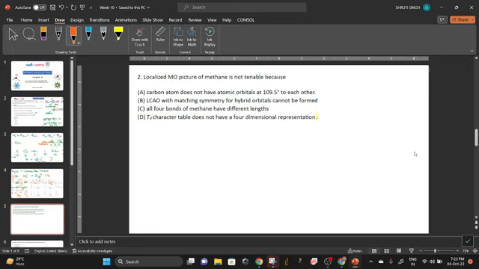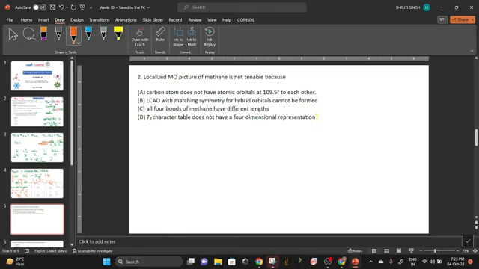It is asking why we cannot use the localized MO picture. Localized MO picture means the atomic orbitals which contribute to one bond are fixed. But in the delocalized MO picture, the atomic orbitals forming all the bonds make an equal contribution to the electron density.